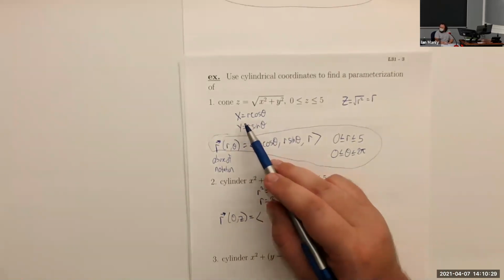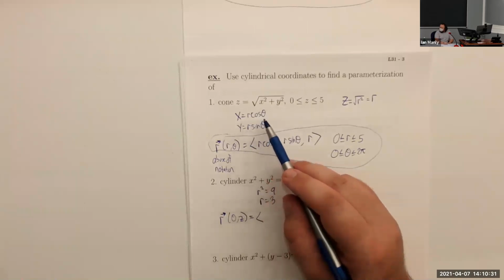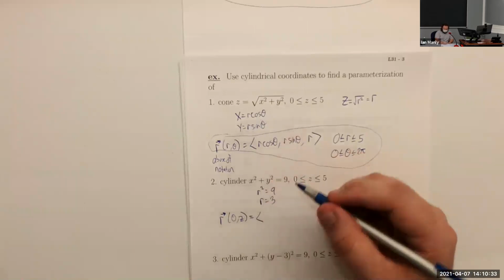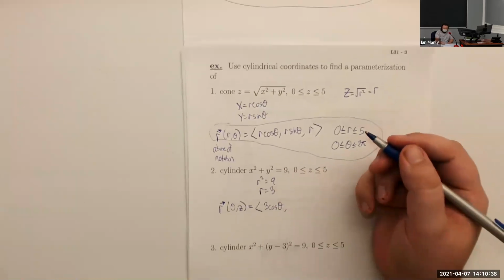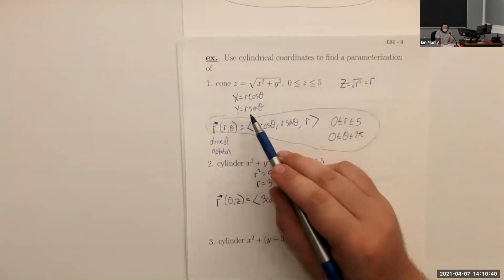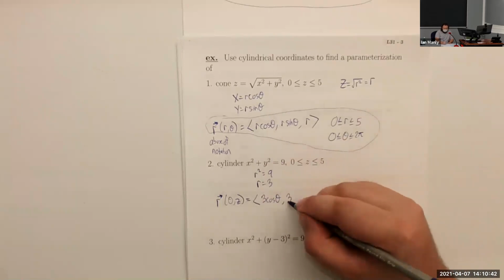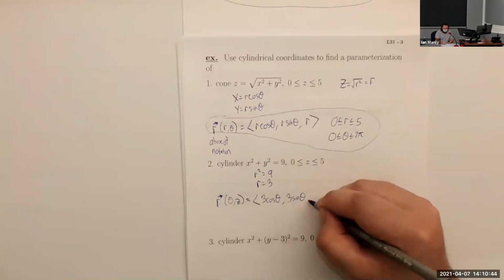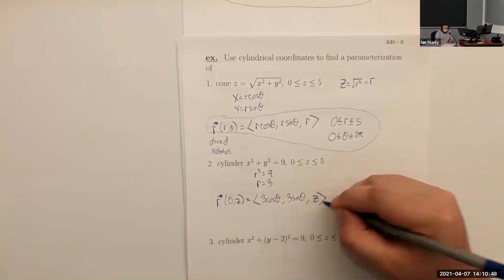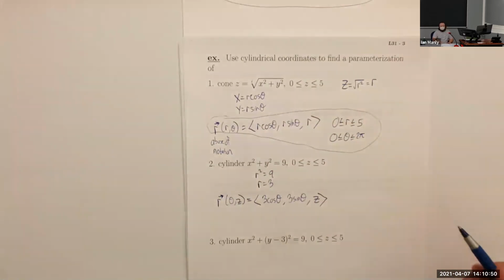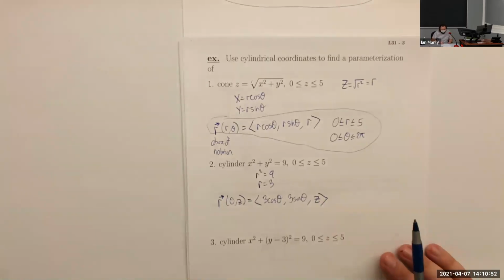So if x is r cosine of theta, in this case x needs to be 3 cosine of theta. And y is r sine of theta, so y will be 3 sine of theta for this example. And then we're just going to have z be z. z is technically a cylindrical coordinate, so we can use it here.